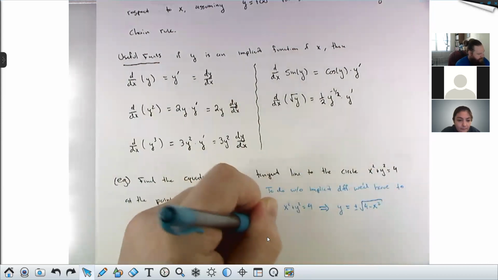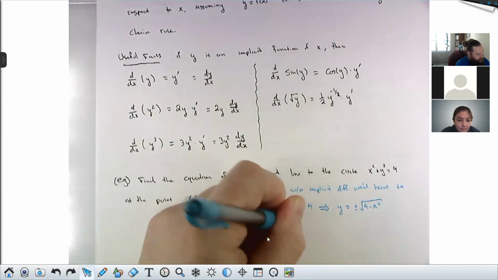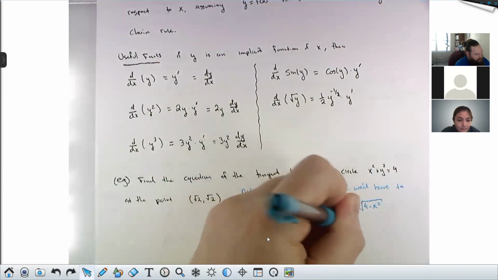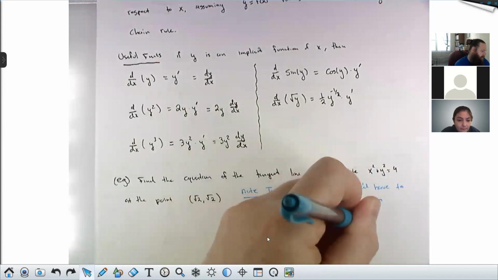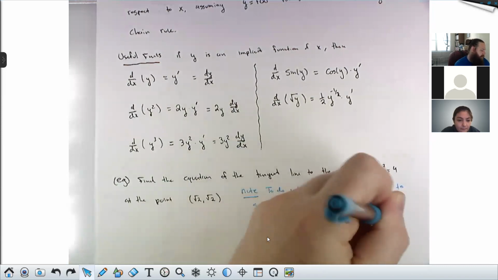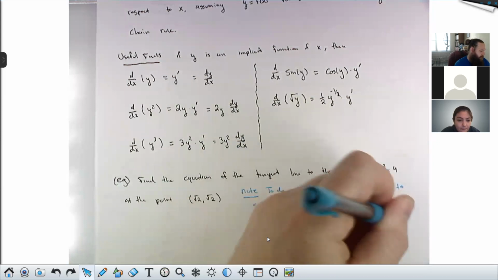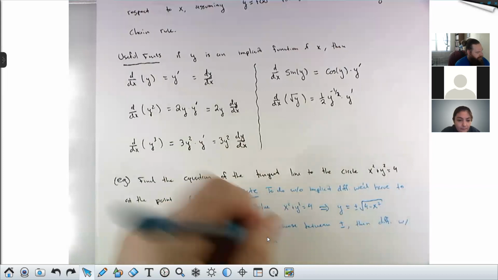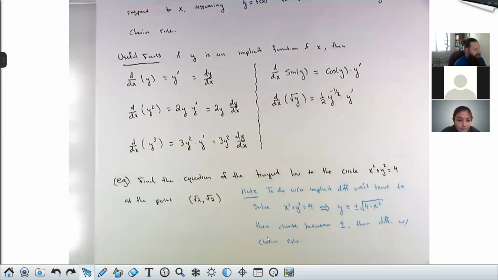Then choose between the plus or the minus, then differentiate with the chain rule, which is kind of nasty. Right, the derivative there isn't especially nice.